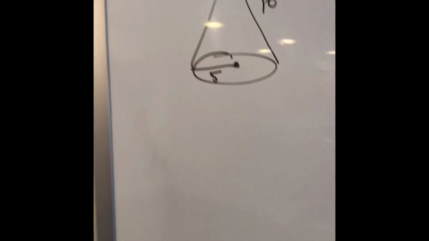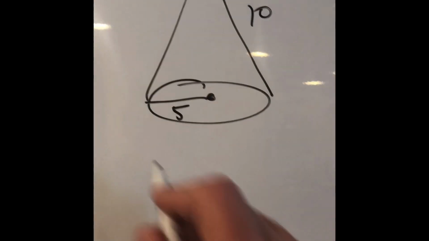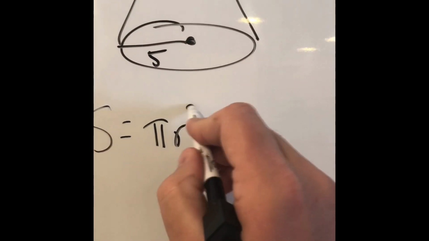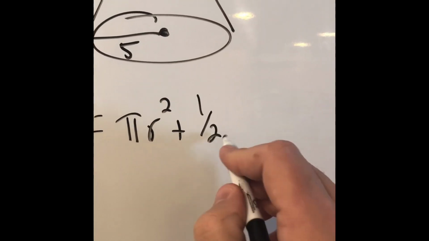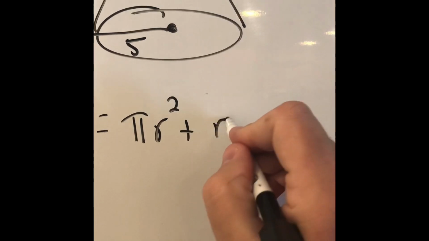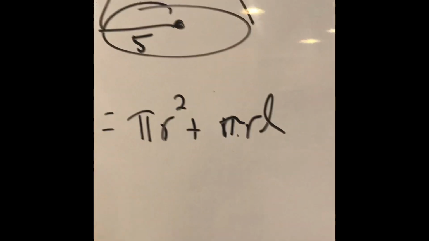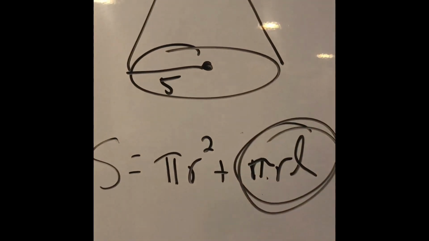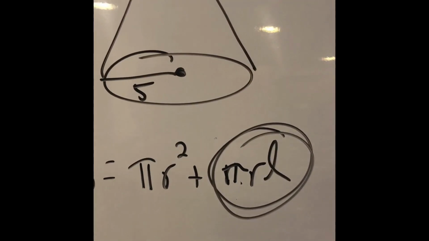Number 7, they want the lateral area. So if you remember, it's pi r squared plus pi r l. This is your lateral area part. That's the part that we want to find.